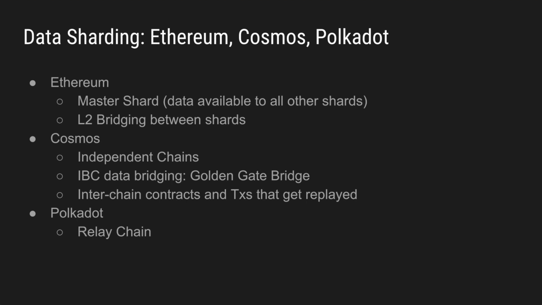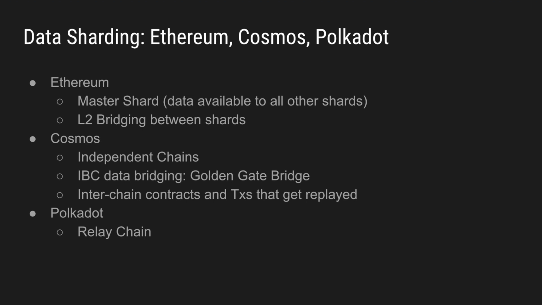Cosmos now has independent chains with some data bridging through IBC controlled by the core developers of each chain. But with the Golden Gate bridge, and you have seen a simplified version of the bridge in this demo today, you can have general data bridging and sharding, and common data being mirrored on multiple chains.